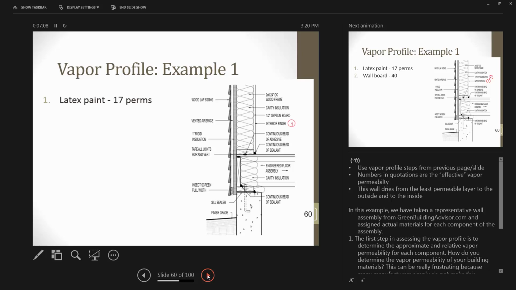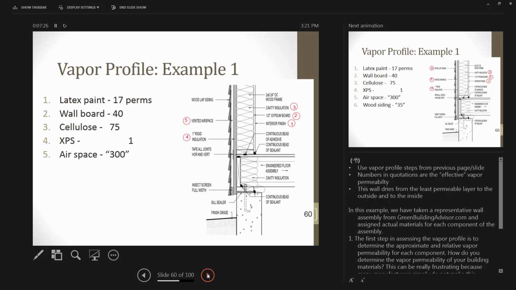So for example, in this vapor profile, we have on the interior, we've got latex paint, 17 wall boards, about a 40, cellulose insulation 75, and then we've got a layer of 1-inch extruded polystyrene, which has got a perm rating of 1, an airspace, which is relatively not rated, and then wood siding 35, and a 0.6 on the outside, which is oil-based paint.